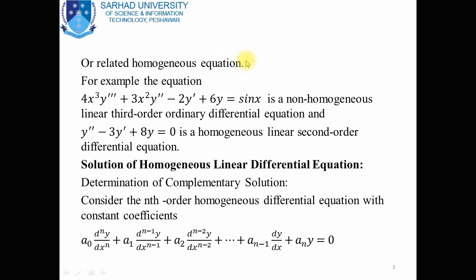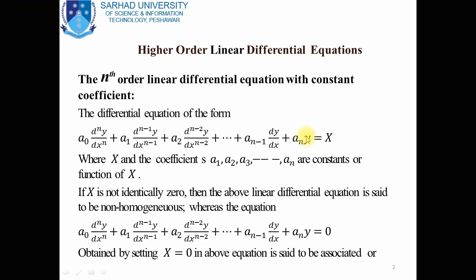Another case for this higher order linear differential equation is if the function of x is not equal to 0 and all the coefficients are constant, or if all the coefficients are functions of x, but the right hand side is not equal to 0, then the equation will be called a non-homogeneous linear differential equation of higher order.